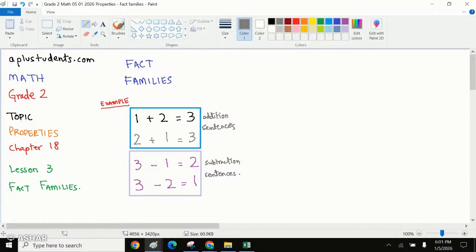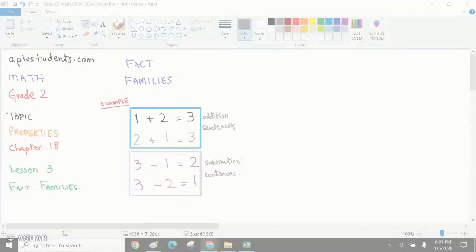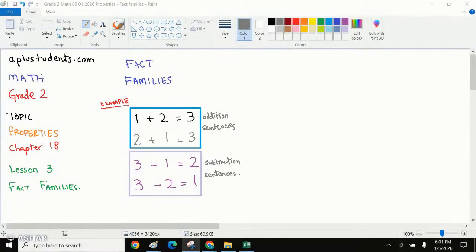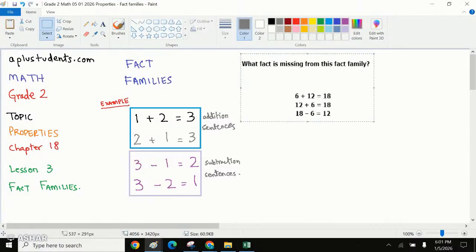So in the question that is given to us, let's start off with the questions, okay? In this question, I'll just copy the question. What is the missing fact family from this? Okay, I'll just copy it. The first question we have is this. Question number 1 says, find the missing fact family.